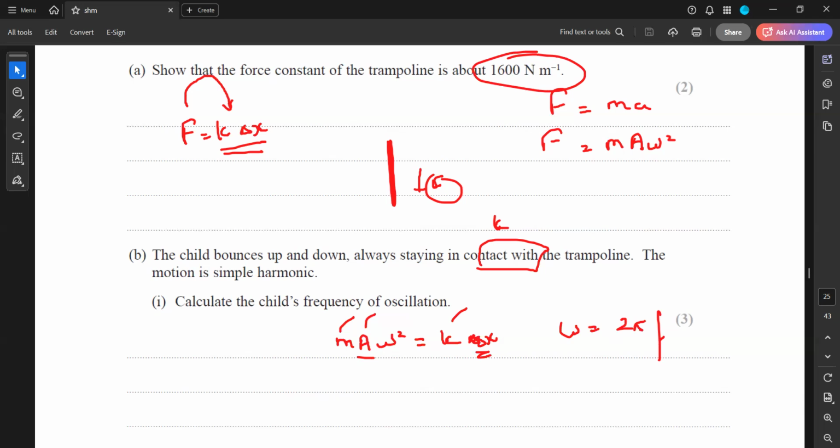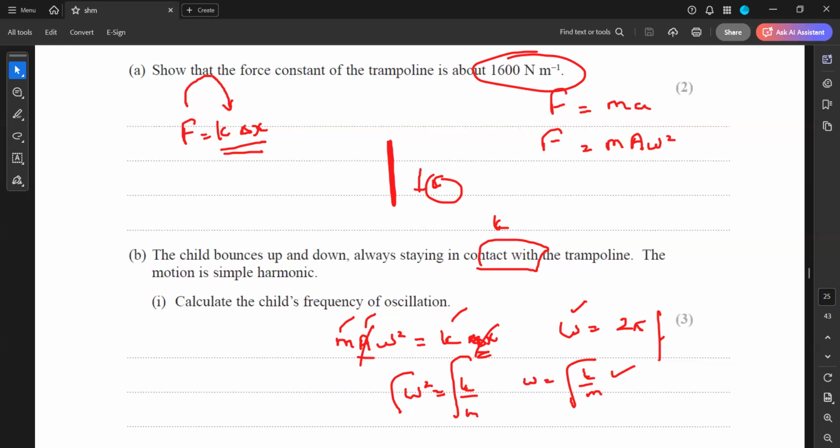If it stretches 2 centimeters and I release the object, it vibrates from the mean position by 2 centimeters, so the extension is the same as the amplitude. So this cancels with this, and we have omega square equals k over m. Taking the root on both sides, omega equals the square root of k divided by m. We get omega from here, then divide by 2 pi, and we'll know the frequency.